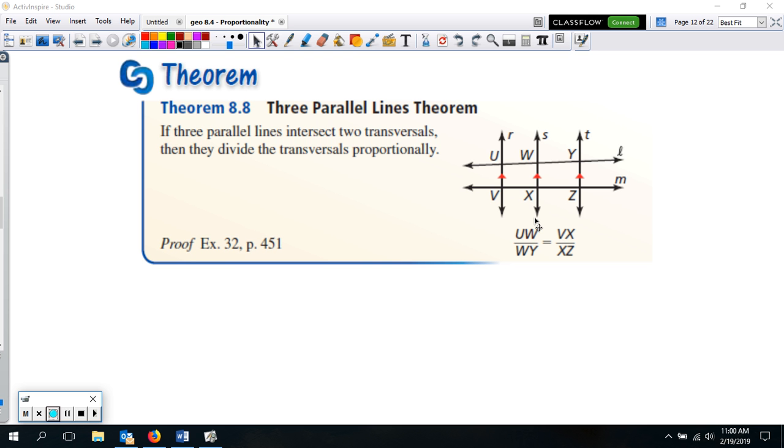Another way we could do this as well is actually go from this R all the way over to T. So if I wanted to say maybe the top one again was UW here, and the bottom was VX, because they would have to be consistent. We could then write another proportion with UY. We can go from here to here. We could say UY is over VZ. So that could be also something that would work.